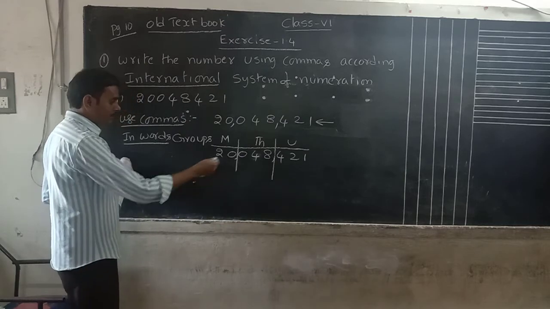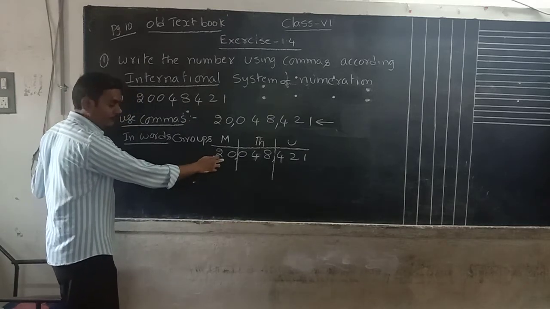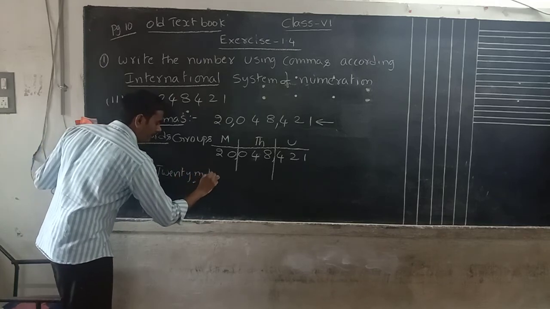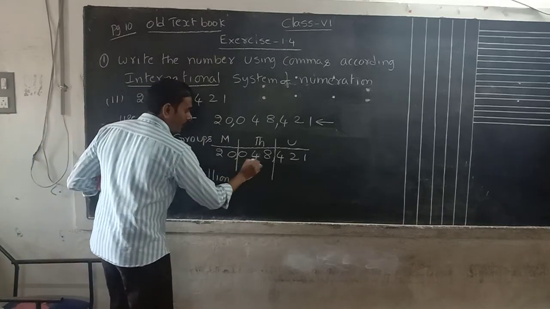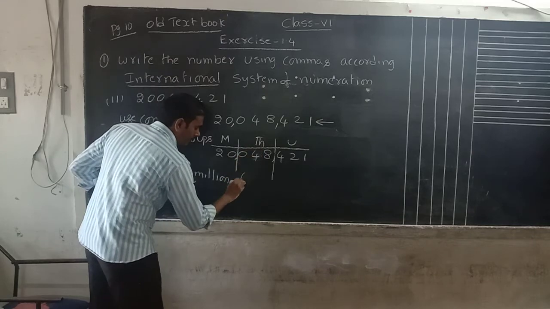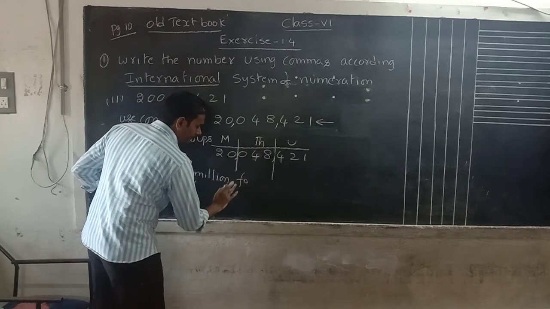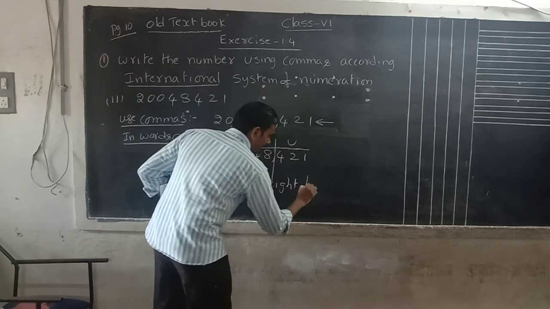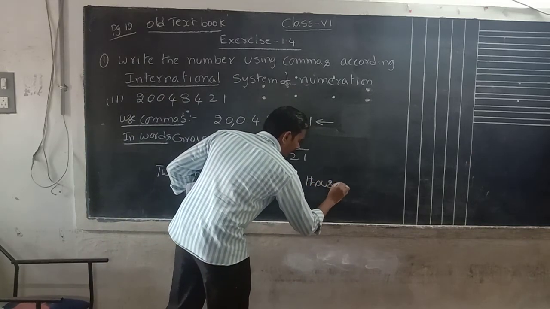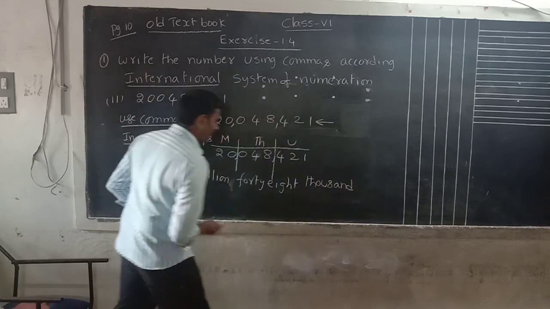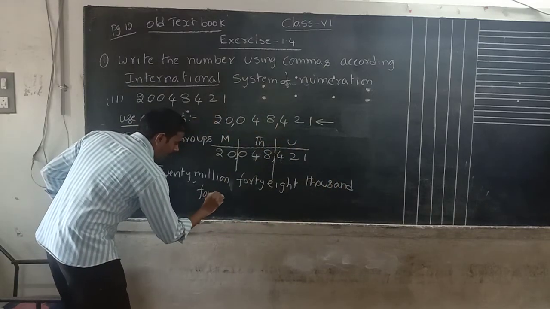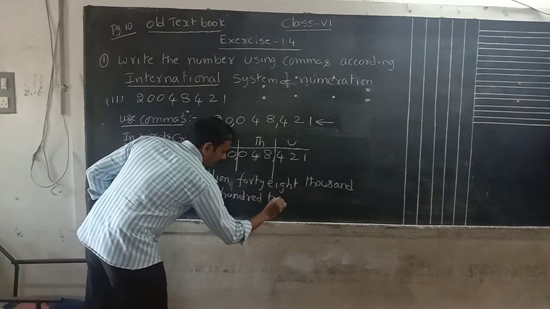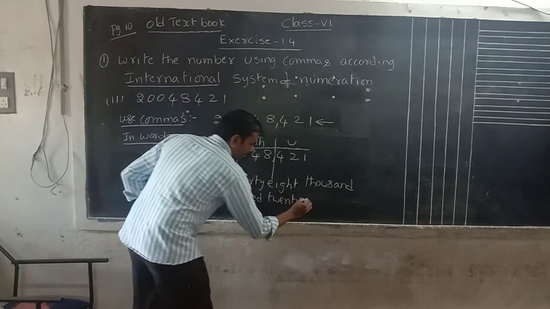Now we can write the words. What does the million group have? 2 million. 4 is located at the thousand place: 2 million, 4 thousand, 841. Like that we can write it.